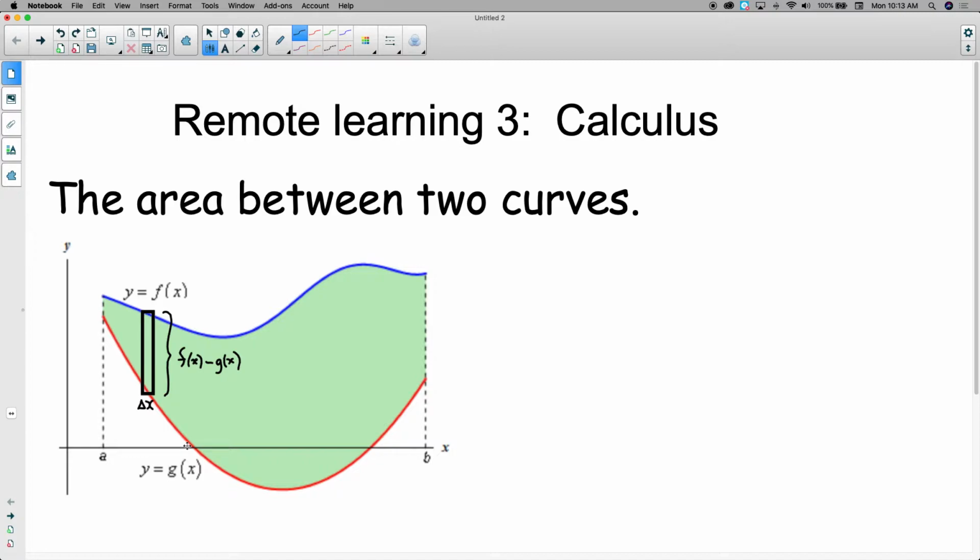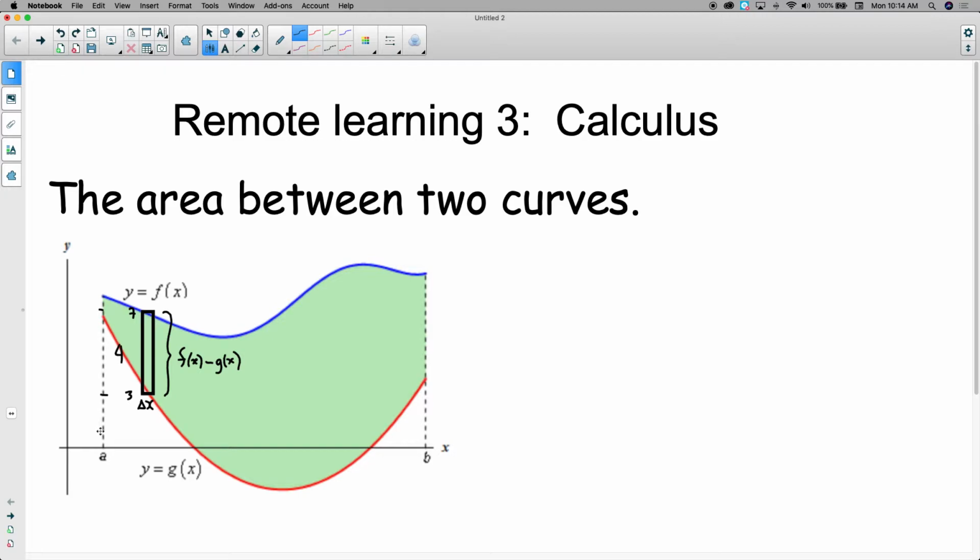If I could throw some fictitious numbers on here, call this 7 and call this 3, we could obviously see that 7 minus 3 is 4, and this thing would have height 4.